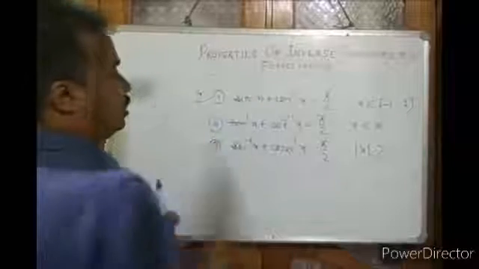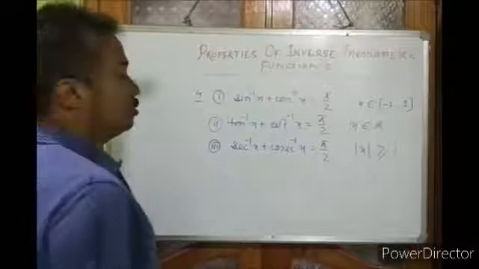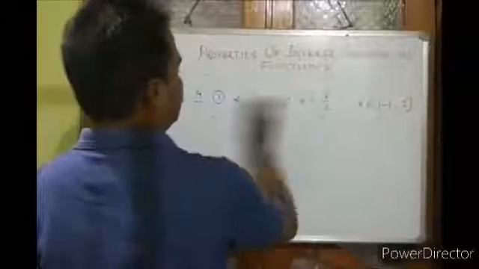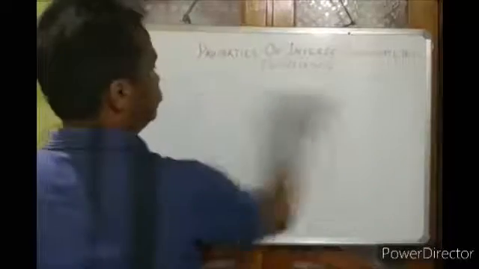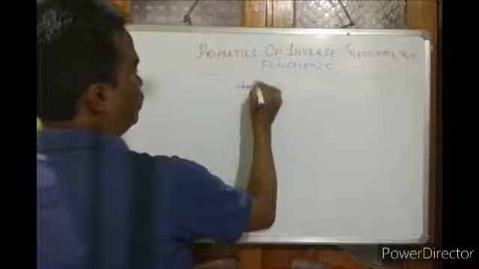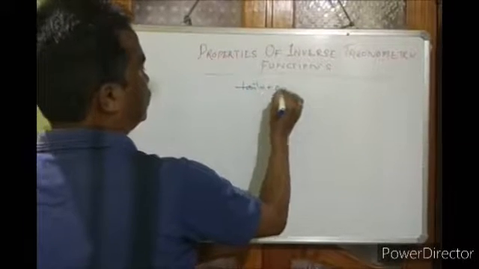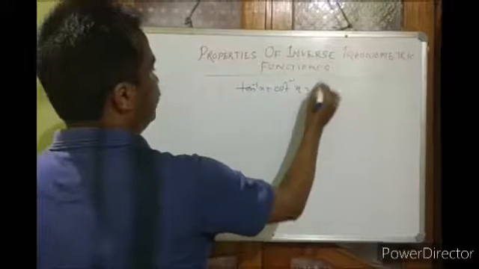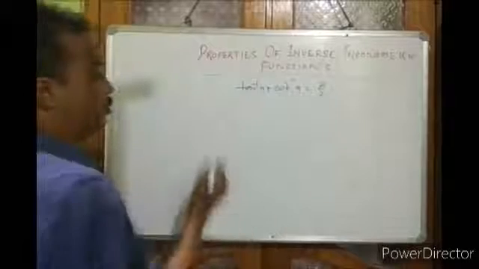Anyway, let us try this one: tan inverse x plus cot inverse x is equal to pi by 2. We try to prove this one. Our aim is to prove tan inverse x plus cot inverse x equal to pi by 2. So we start with any one of them.